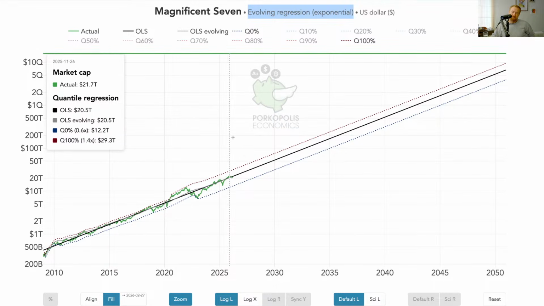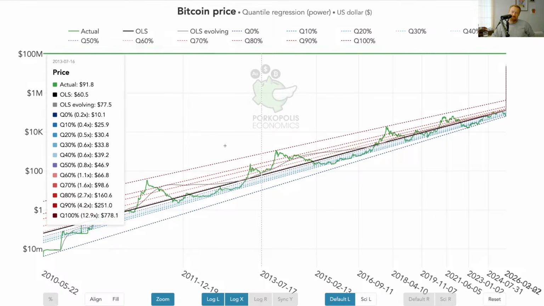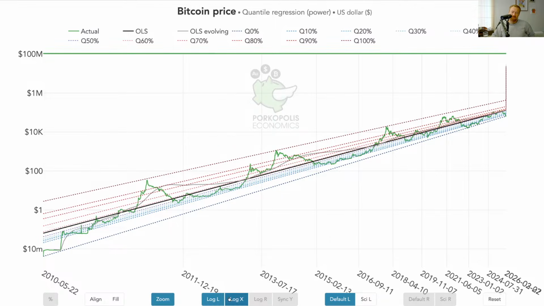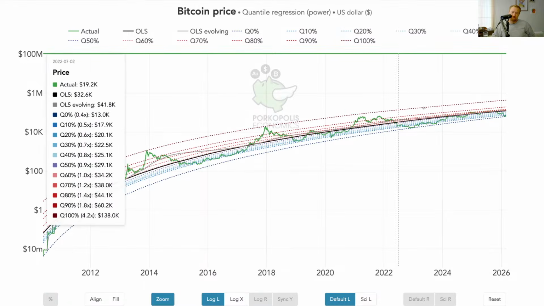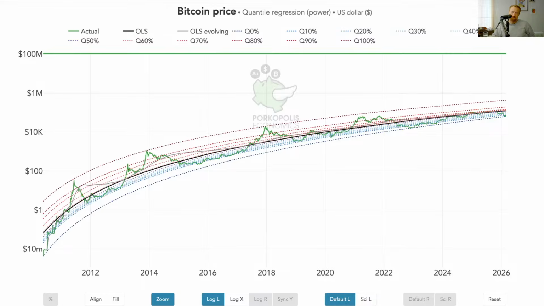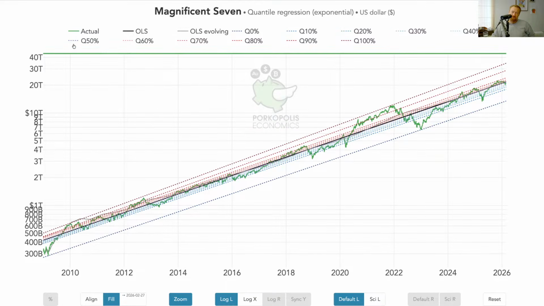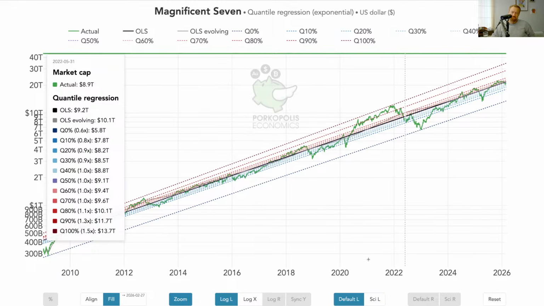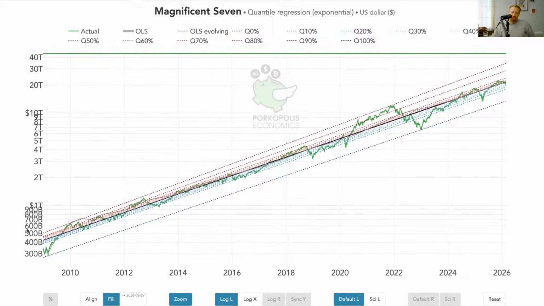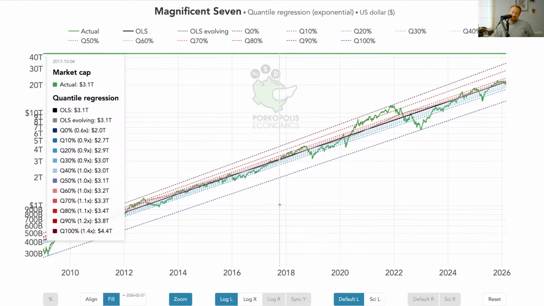We can also try to do not an evolving, but an actual pure quantile. But remember, on log linear, the power regression is curved. And with stocks or any other financial asset, it's a straight line. And I think this is also interesting because it shows a difference between Bitcoin. Notice some of these lines actually get wider.